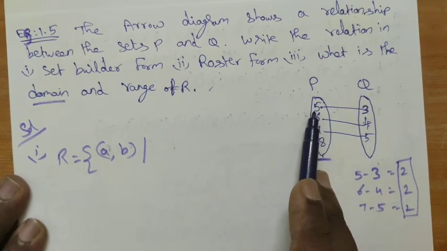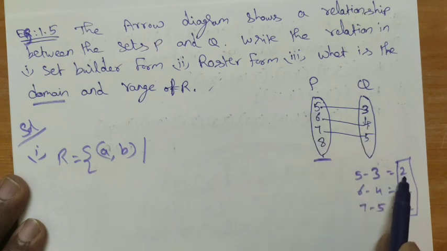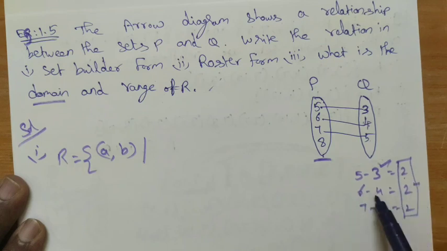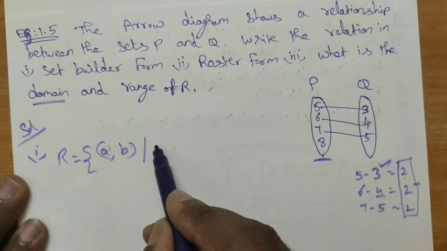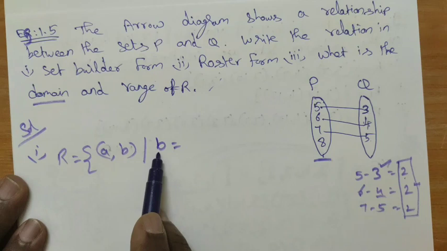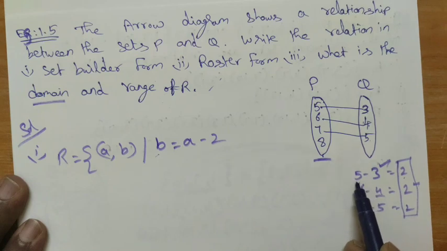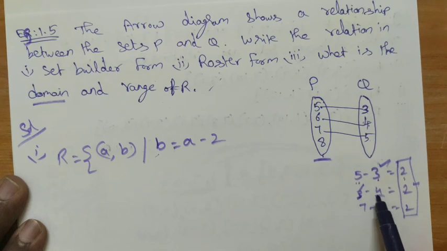When we subtract 2 from the first set element 5, we get 3. When we subtract 2 from 6, we get 4, right? So the B elements are A minus 2. Suppose A is 5, 5 minus 2 is 3. A is 6, 6 minus 2 is 4, right?